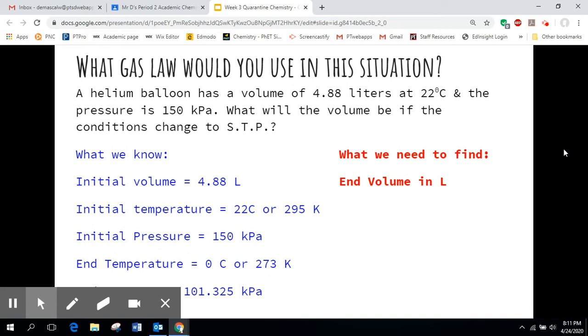They gave us an initial volume, an initial temperature, initial pressure. So we got V, T, and P. They gave us a second temperature, a second pressure, and they're asking us for a second volume. So what gas law has temperature, pressure, and volume in it? Combined gas law. P1 V1 over T1 equals P2 V2 over T2.